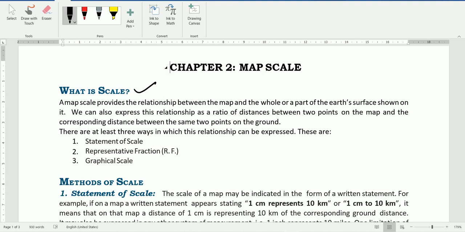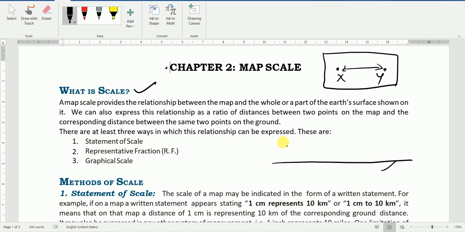Okay, so as we learned earlier, here we have a map, and we have two features, x, y. And on the surface also there may be corresponding points. For example, this is x, and here we have y.